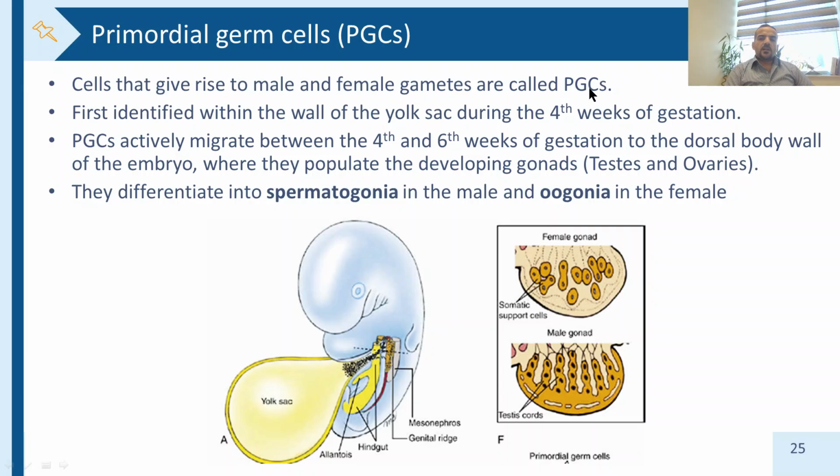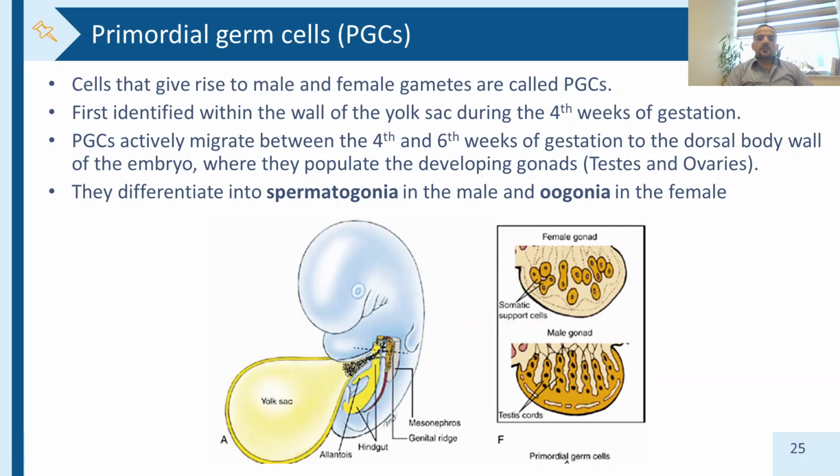يمتى تتكون هاي البرايمورديال germ cell؟ من يعني الامبريو عمره 4 أسابيع ممكن يعني تبدي تتكون بالwall of the yolk sac. Then they migrate into the dorsal body wall between the 4th and 6th weeks of gestation. من توصل للdorsal body wall they will populate the future gonad. يعني إذا الامبريو male they will populate the future testis.